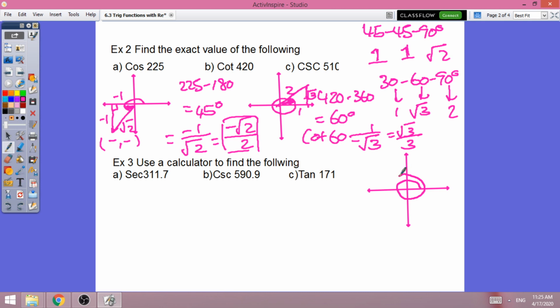Plus another 60, that means it's going to be right here, located in quadrant 2.